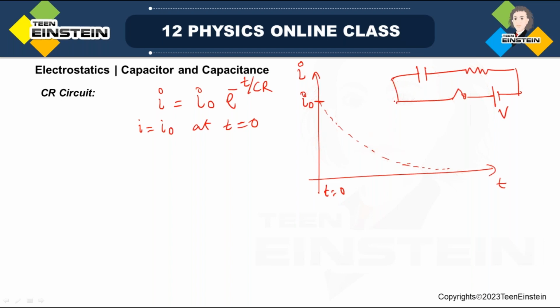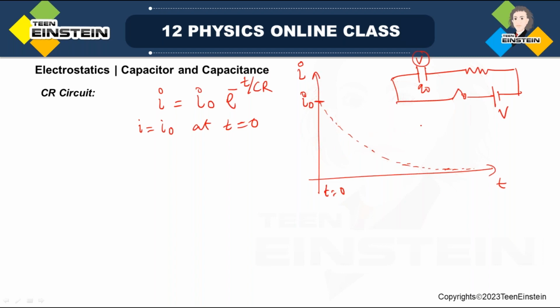When the capacitor is fully charged, that is when it is Q0, the potential difference across the plates will be V. So in the whole circuit there will be no potential difference, and the current will be almost zero, but that happens after a very long time.